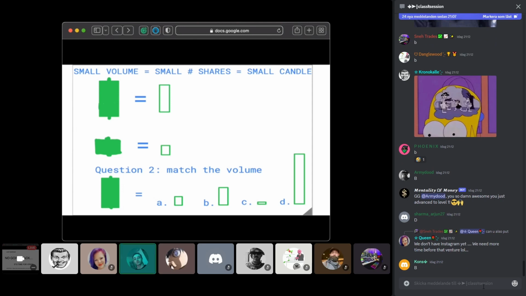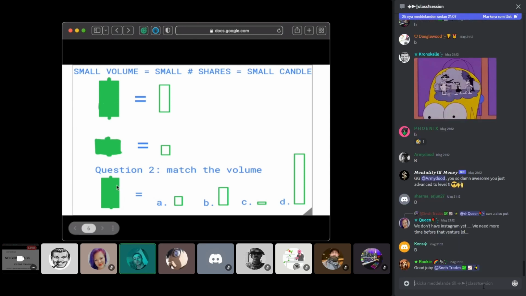Yes. Snee trades, whatever, I'm sorry for mispronouncing your name. It is B, simply because it's in between the two candlesticks, so you would expect the volume to be between the two candlesticks as well. You essentially just want to see a volume that matches the candlestick.